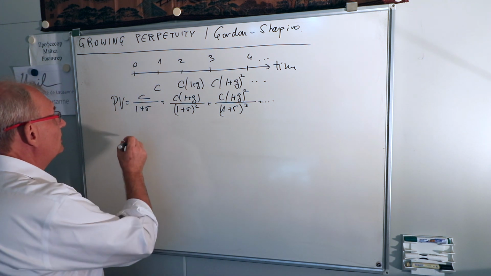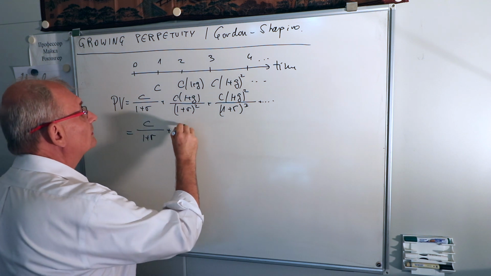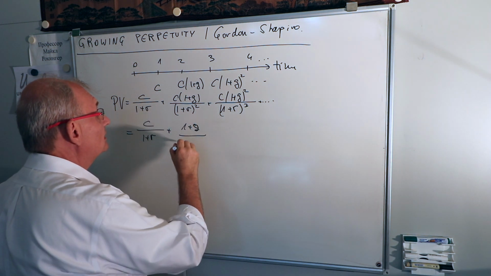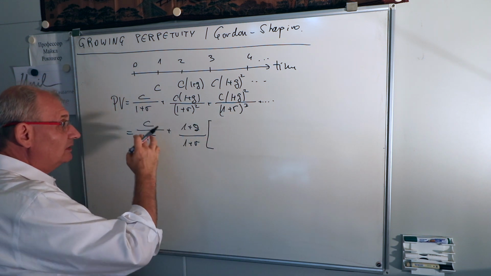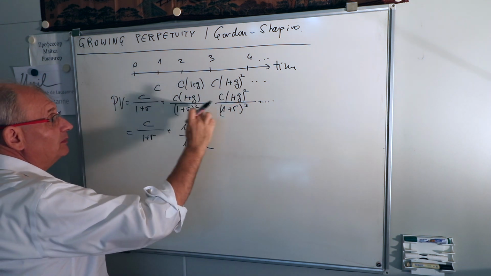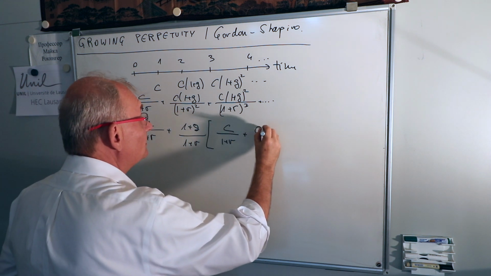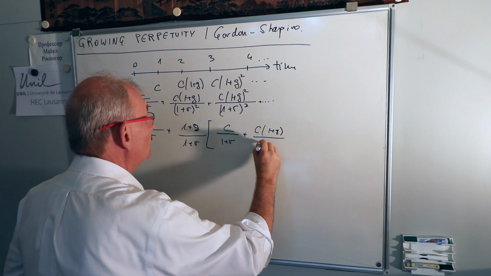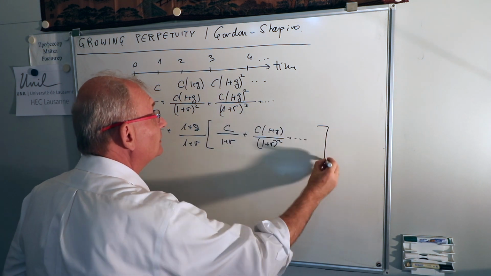Formally, we can write that PV is going to be c divided by 1 plus r plus 1 plus g times 1 plus r. And then here we're going to have a term which is exactly the same as we started with up here, which is c divided by 1 plus r plus c times 1 plus g times 1 plus r squared, and so forth, till infinity.